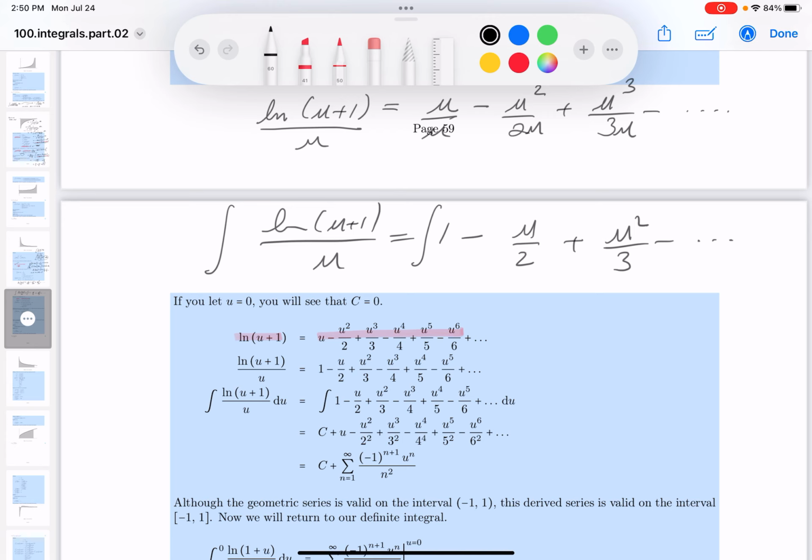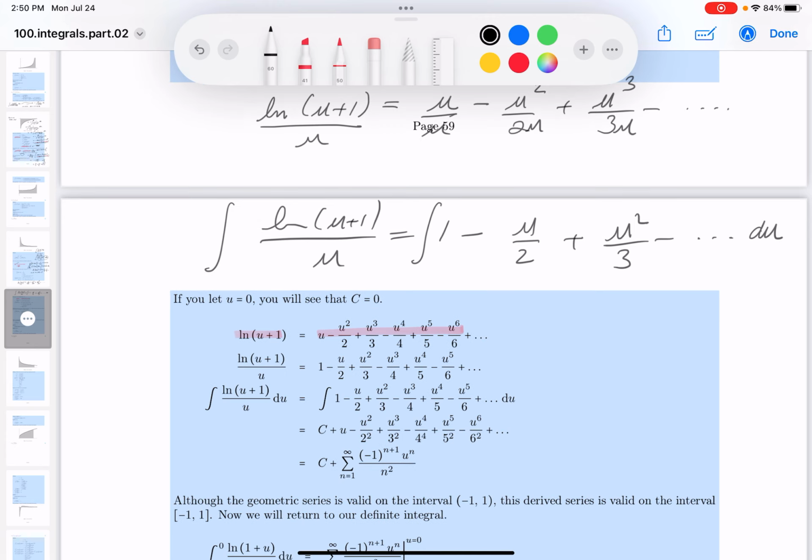Right? We have to integrate it. And let's do that. All right. This is du. Now, certainly when I do that, let's see what we get. You're going to get some constant of integration plus u plus u squared. 2 times 2 is 4.